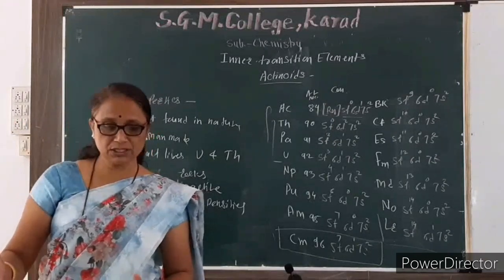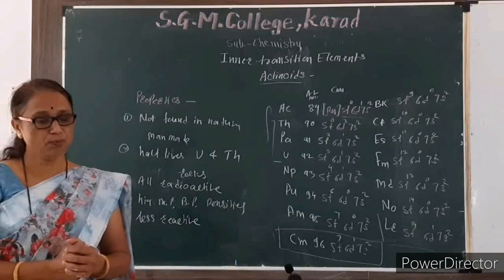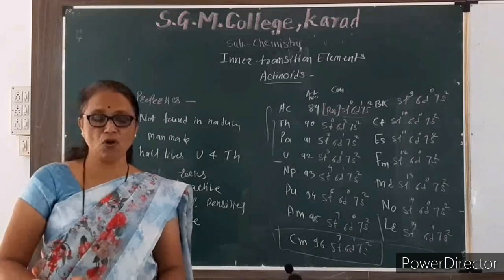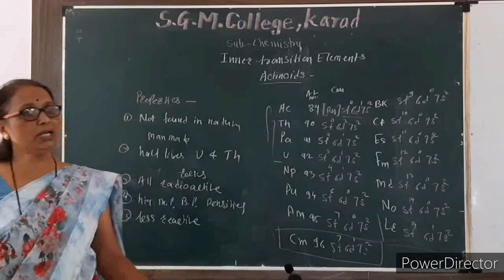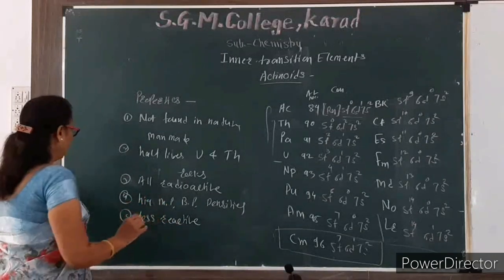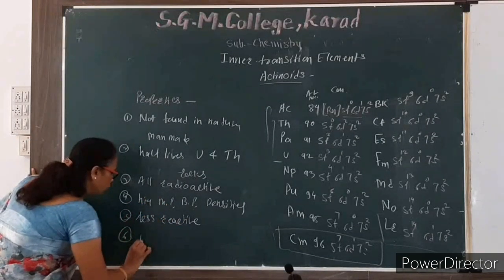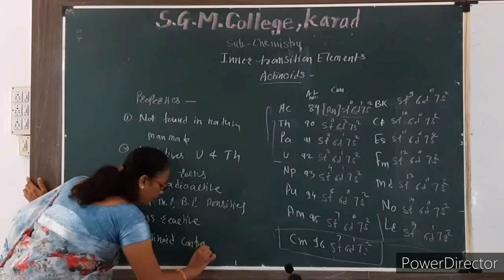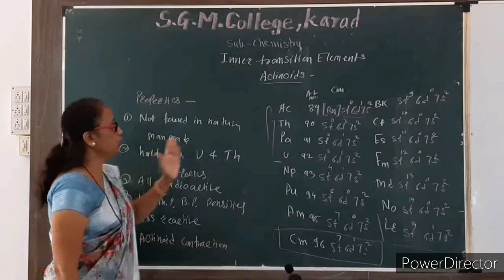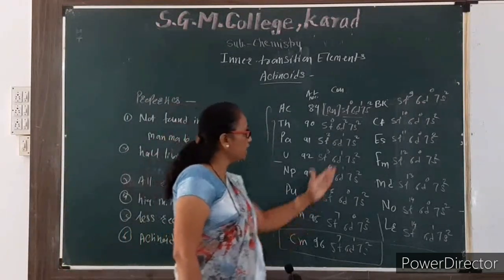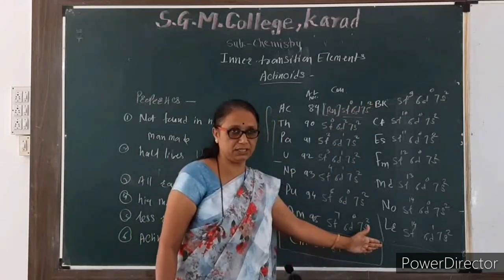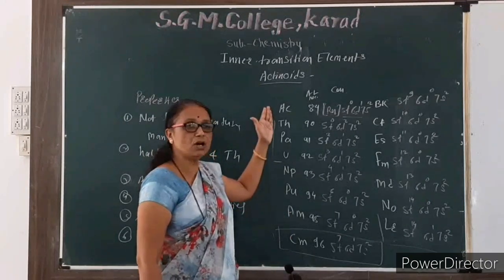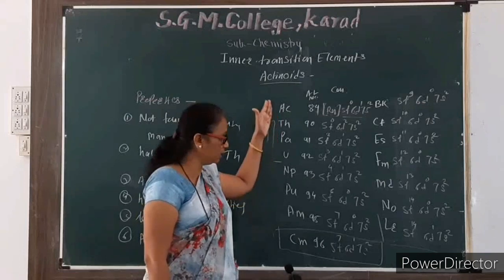The +3 oxidation state is common for the actinoids. Also, actinoids show +2 to +7 oxidation states. Similar to lanthanides, the actinoids also show a contraction called the actinoid contraction. That is, from actinium to lawrencium, as atomic number increases, the nuclear charge increases and the atomic or ionic radius steadily decreases.